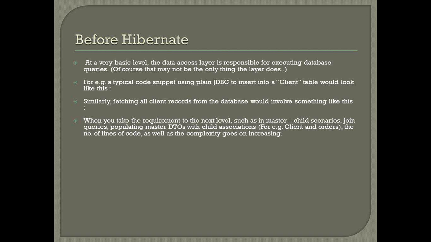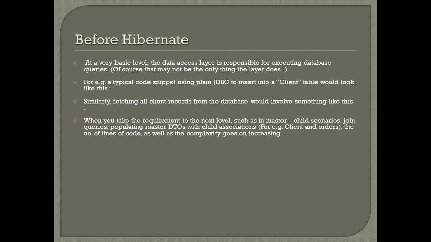When these requirements go to the next level, the amount of JDBC code you have to keep writing, and in fact, the amount of repetitive code you have to keep writing, goes on increasing. So that is obviously one of the pain areas.